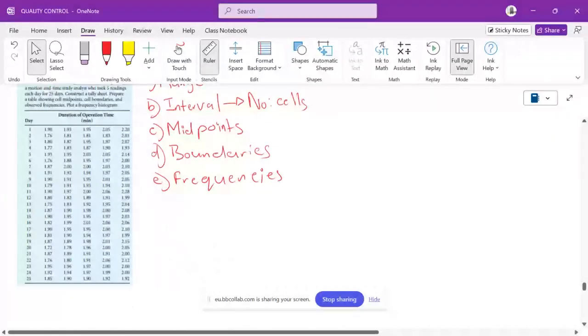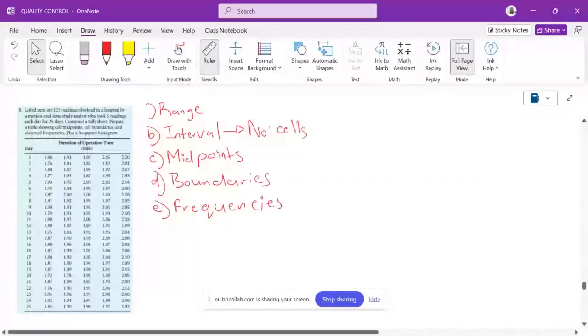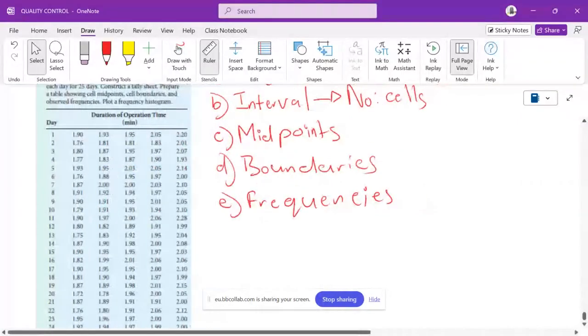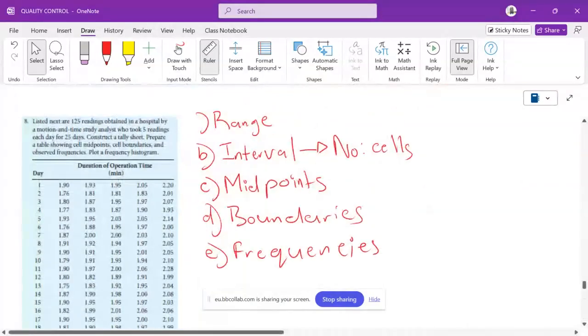When we are doing problems, you see here, they are saying that we have 125 readings and we are looking for interval. Five rows of readings or five columns of readings, and we're looking for 125.